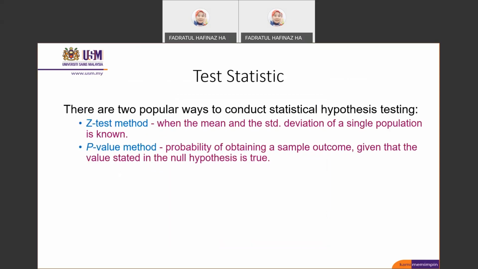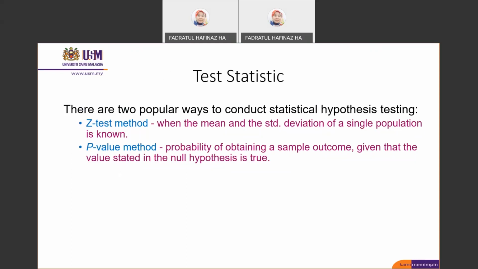Okay, so there are two types of popular test statistics that we're going to use to test our statistical hypothesis: the z-test and the p-value method. The test statistic is a mathematical formula that allows researchers to determine the likelihood of obtaining sample outcomes if the null hypothesis were true.